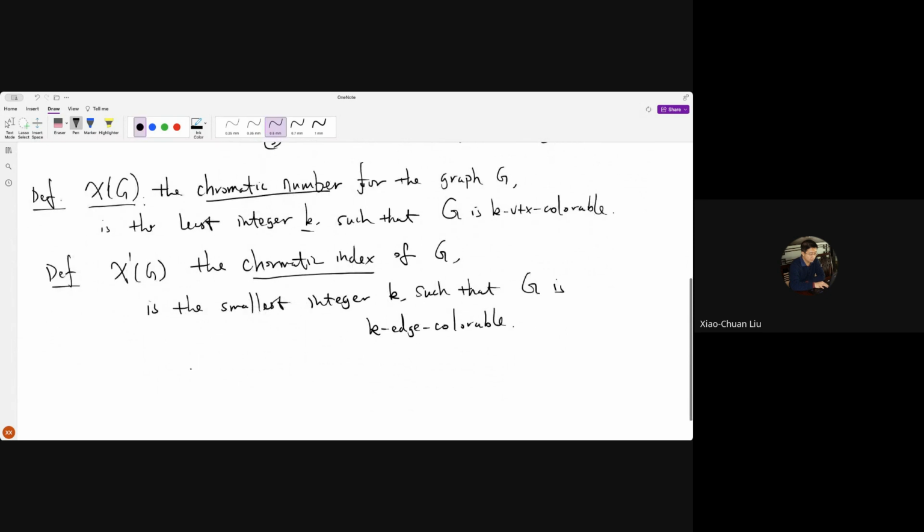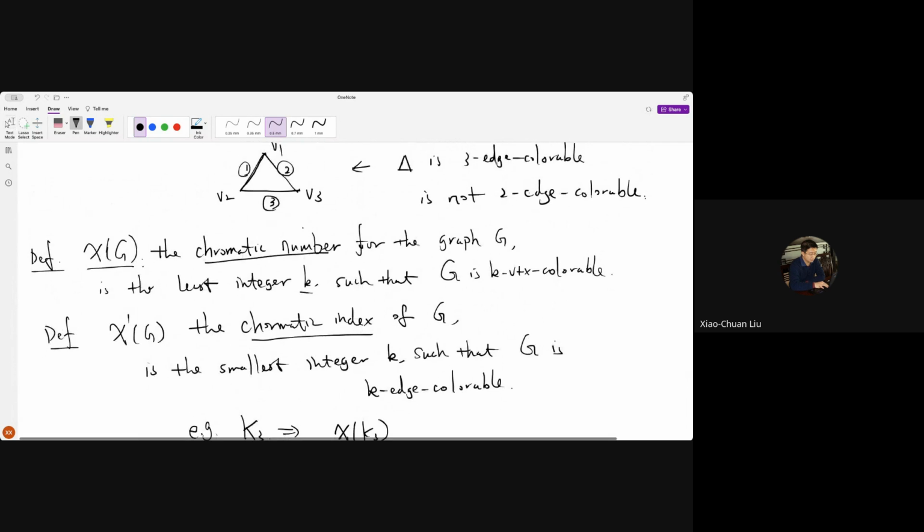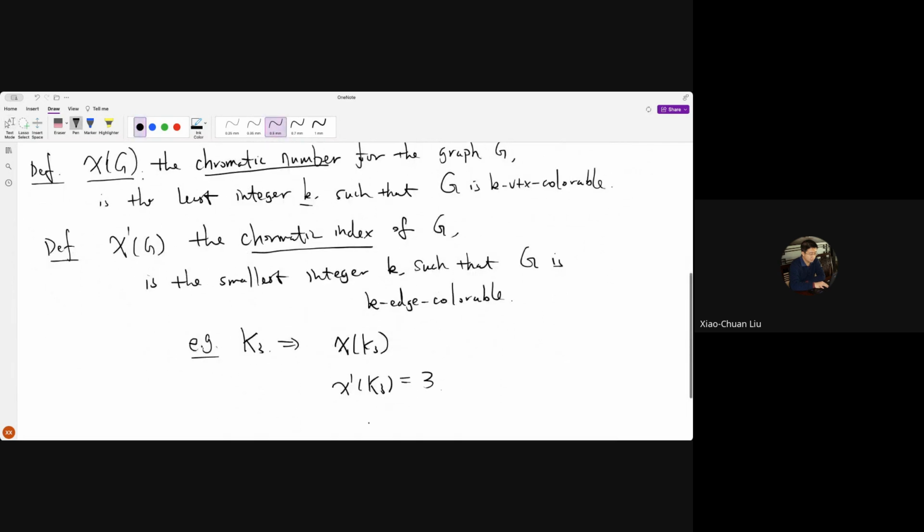For example, the triangle K3: what is the chromatic number of K3? And what is the chromatic index of K3? The above example tells you that it's 3, and this is also 3, because they have to be different.